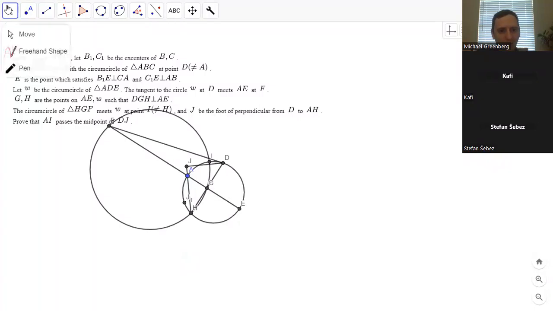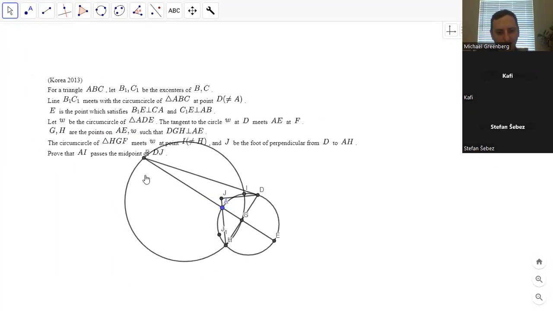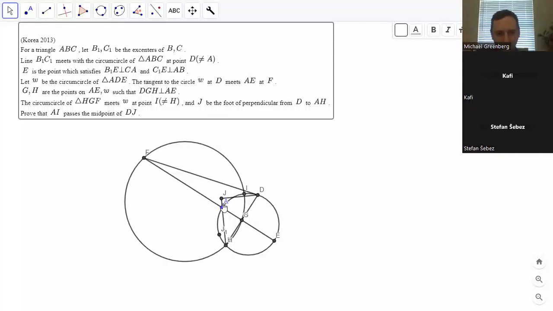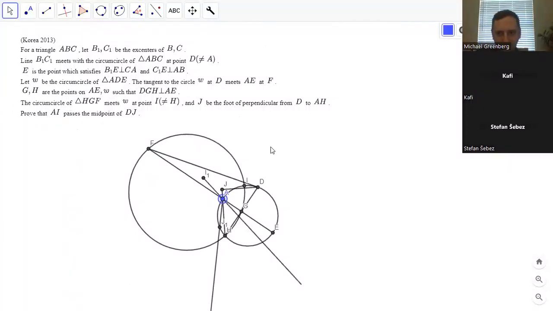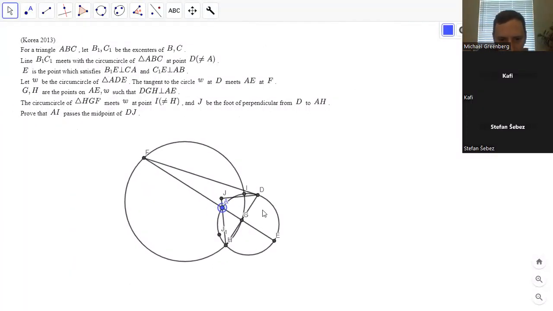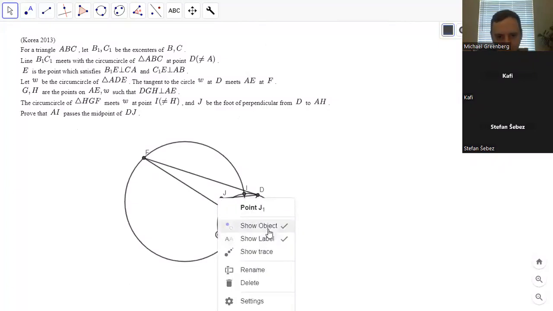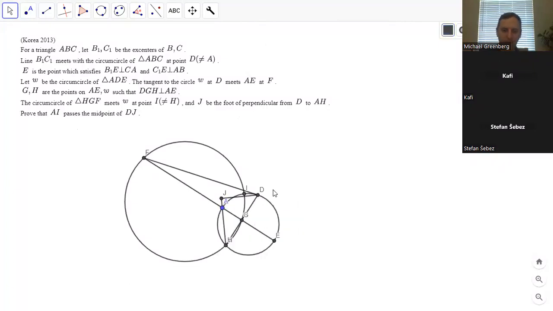Okay, so we have AD is a diameter, D is just any point on that circle, and H is hidden, also J1. So now we can actually state the problem.